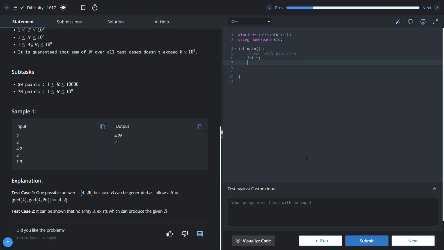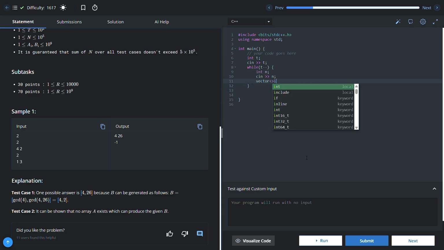Firstly, we have this t, cin of t, while iterating over these test cases, then taking input for this n, which represents the size of this array.